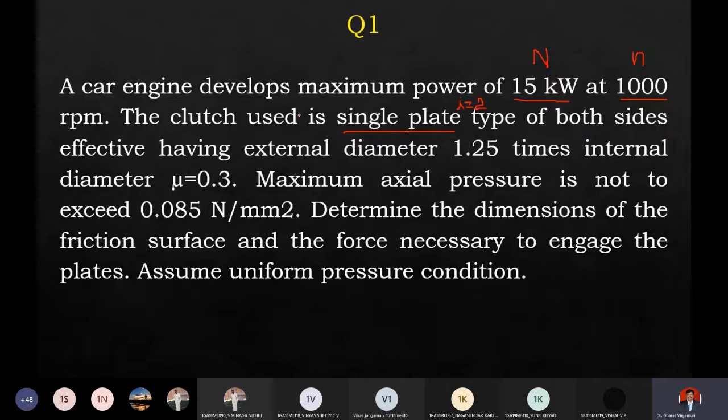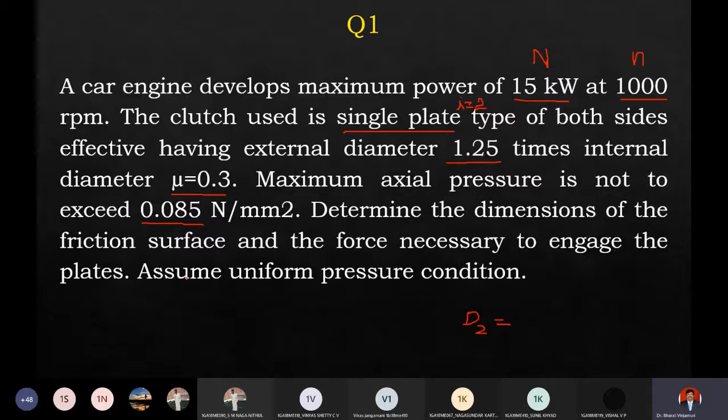The clutch used is single plate, with both sides effective, having external diameter 1.25 times the internal diameter. So he is indirectly telling us D2 is equal to 1.25 times D1, and he has given the coefficient of friction mu and the maximum axial pressure not to exceed 0.085.